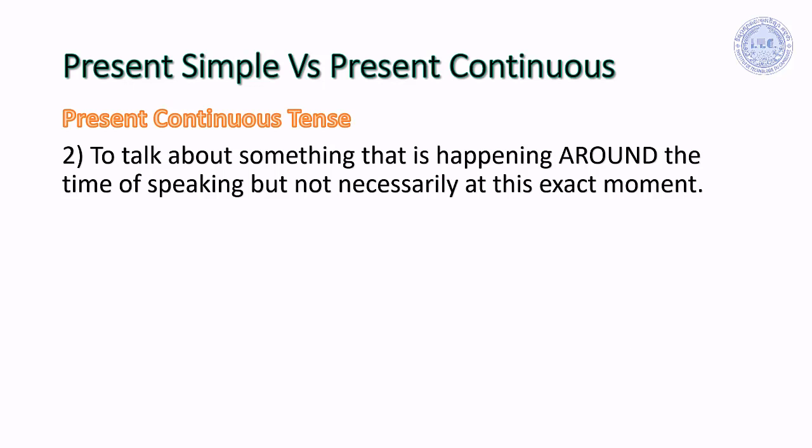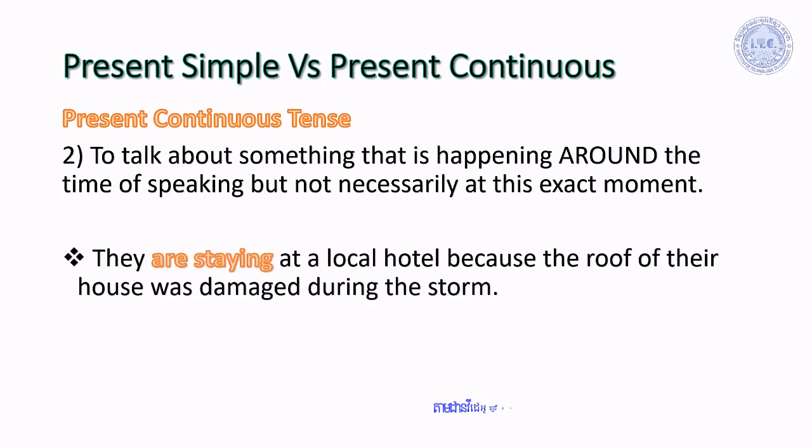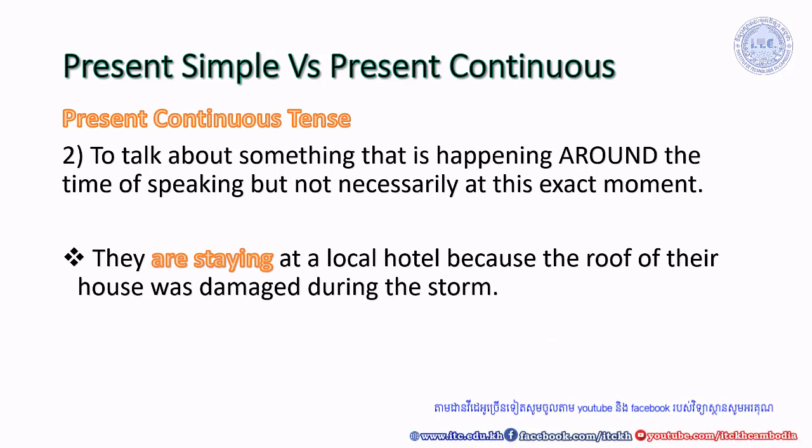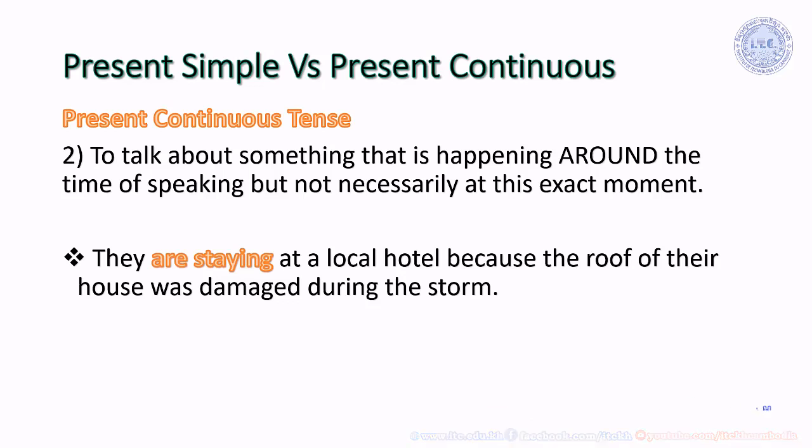Another example, they are staying at the local hotel because the roof of their house was damaged during the storm. This sentence doesn't mean that they are at the hotel right at this moment. Maybe they are at work right now or somewhere else.